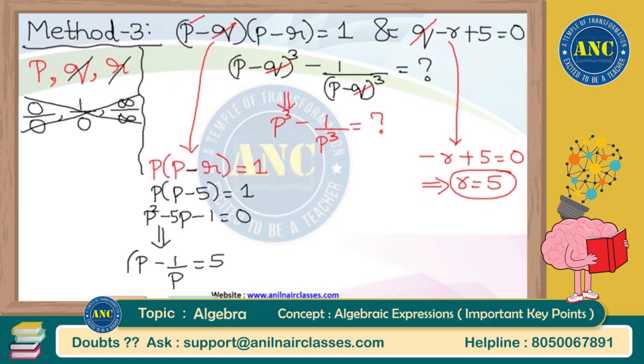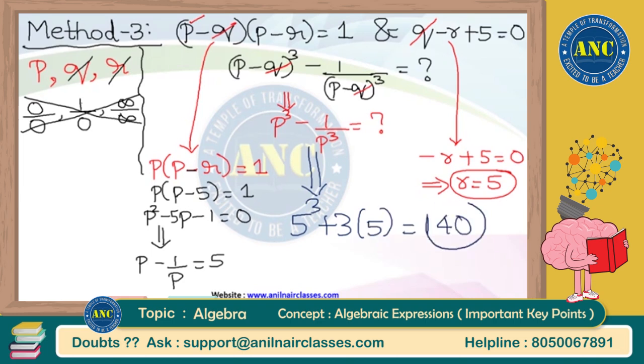The moment you know the value of p minus 1 by p as some constant k, equal to 5, you can easily find the value of p cube minus 1 by p cube without any difficulty. So p cube minus 1 by p cube is 5 cube plus 3 times 5. The answer is 125 plus 15, which is 140.